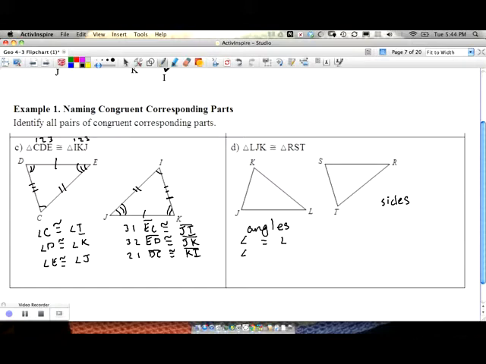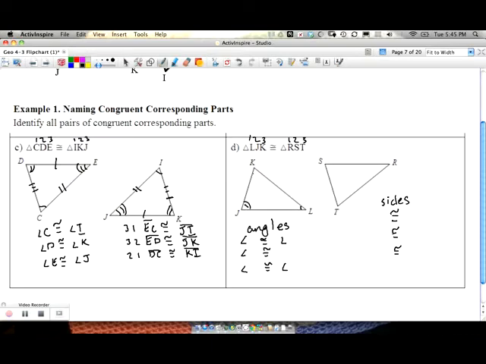So we have two angles that are going to be congruent. Not just equal, but congruent. And we got sides that are also congruent. Let's go ahead and label these 1, 2, 3. 1, 2, 3.